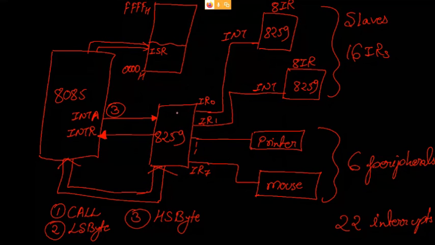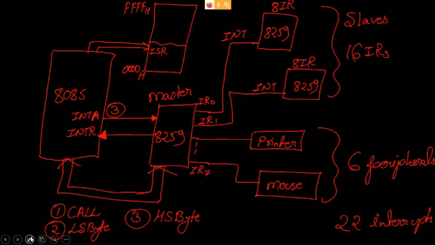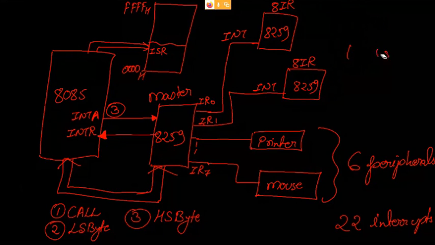Now we have to know how the 8259, which is this one, the master in this case, how the 8085 will know which of the slaves is generating an interrupt. Here the challenge is, for example, we are calling this slave number 1, and this one is slave number 2.